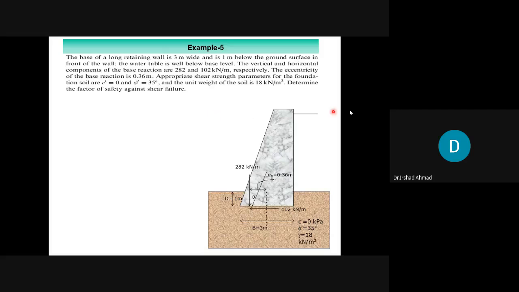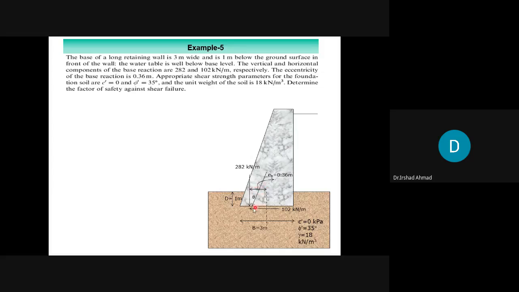It is a long retaining wall perpendicular to the screen. It has a vertical load component in kilonewton per meter run. It has a horizontal component of force on the foundation. The eccentricity of the vertical load is 0.36 meter.